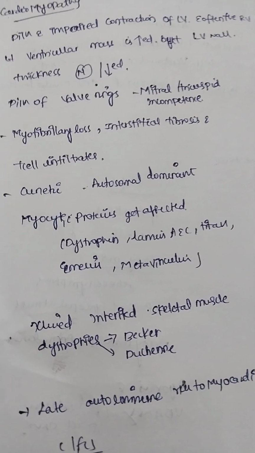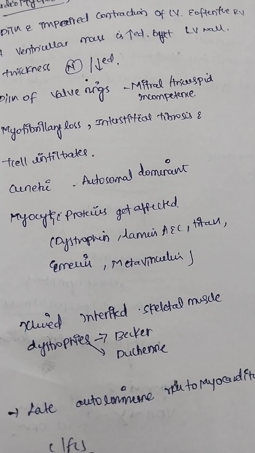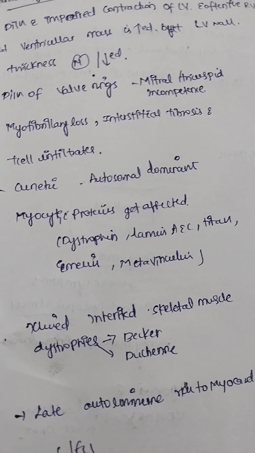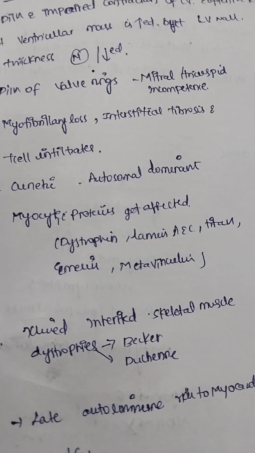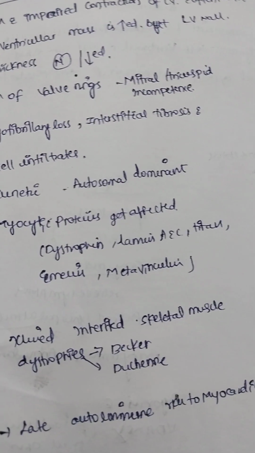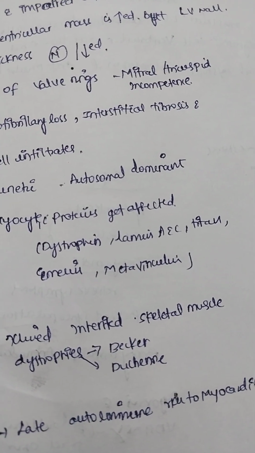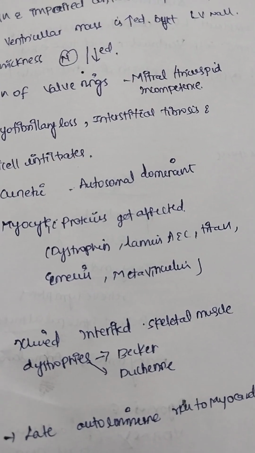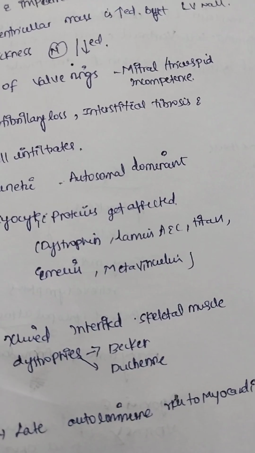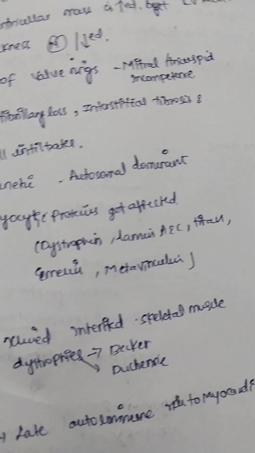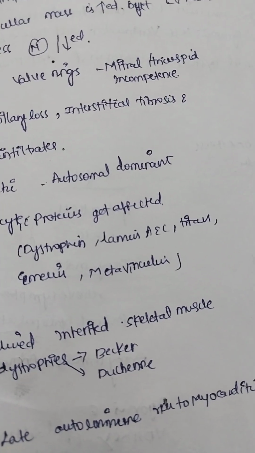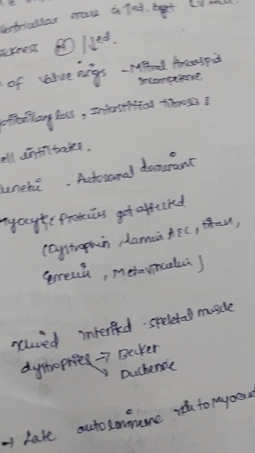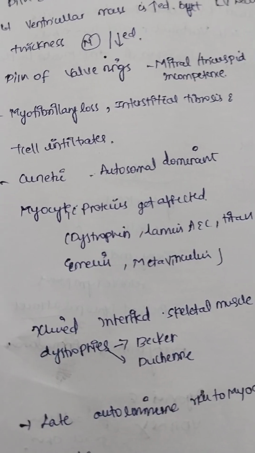So here there will be myofibril loss, and interstitial fibrosis will be there. If there is any myocarditis also, then it leads to cardiomyopathy, right? And if there is any fibrillary loss and fibrosis going on, it means our immune system is active. So there will be T cell aggregation, T cell infiltration there.